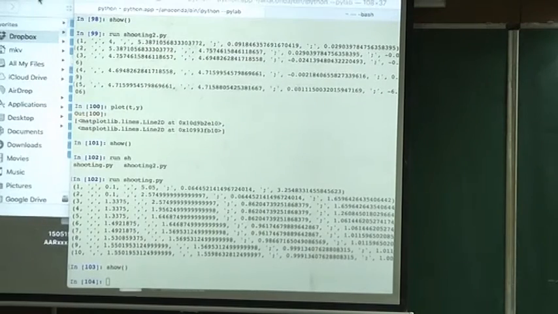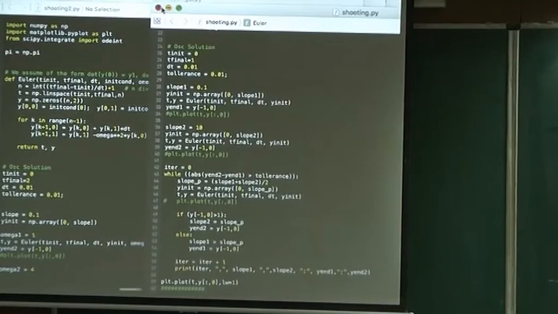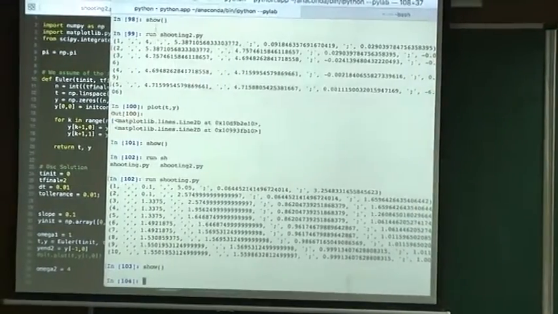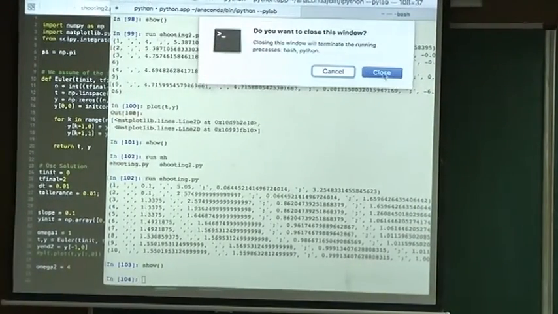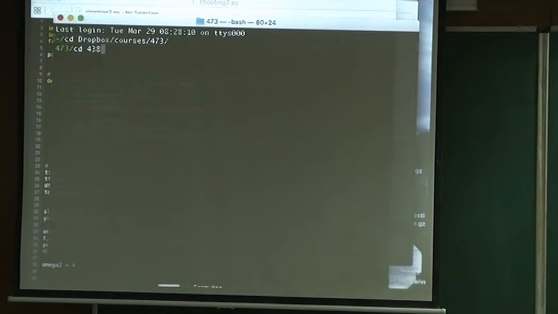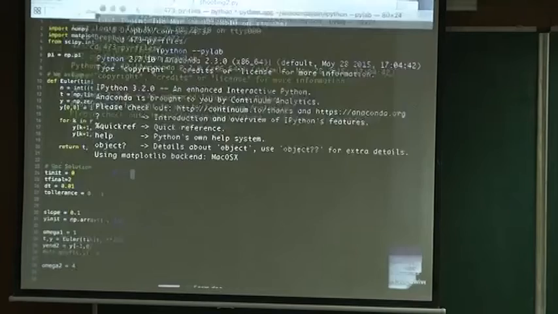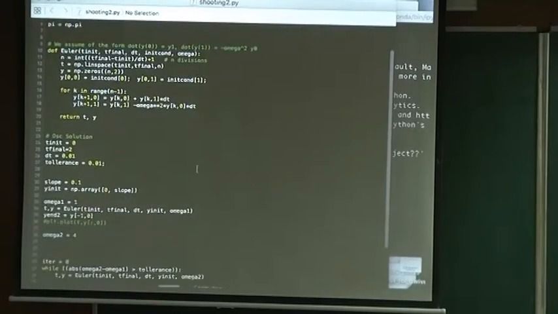Now, the eigenvalue problem. Okay. So, the code is again very simple.